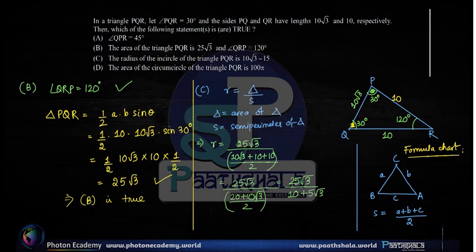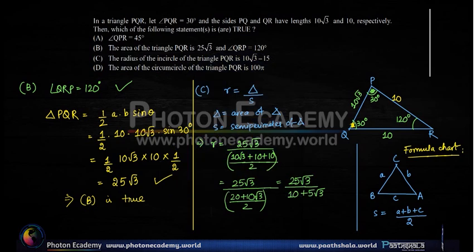Now we see that in option C, the radius of the inner circle of the triangle PQR is given as 10 root 3 minus 15. So we do not need a denominator term here.